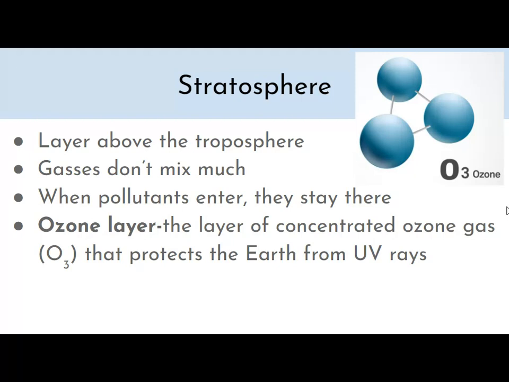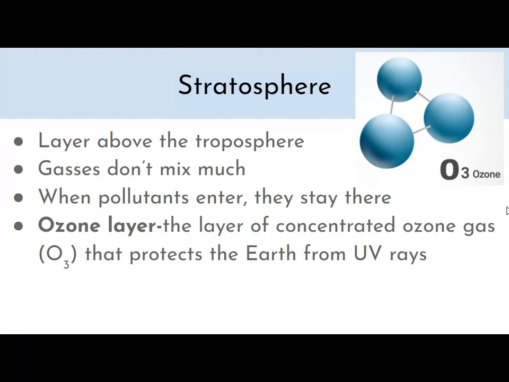Now, if you've heard talk of the hole in the ozone layer, it wasn't necessarily a hole, but the layers of ozone above the poles of the Earth were getting a lot thinner. There was a lot less ozone up there for a while, which let in more radiation.